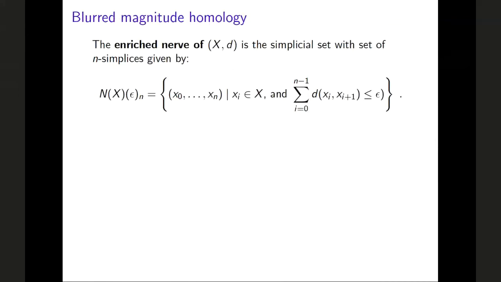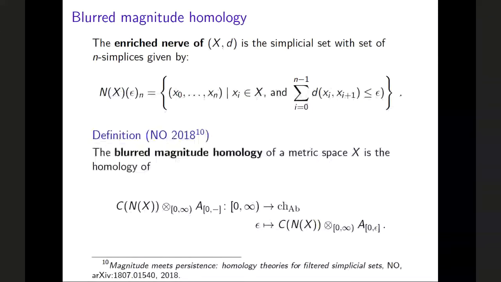And this filtered simplicial set is the simplicial set that at level epsilon has as set of n simplices the ordered tuples of the metric space where the sum of the pairwise distances is smaller or equal to epsilon. One can then define the blurred magnitude homology of a metric space to be this construction.